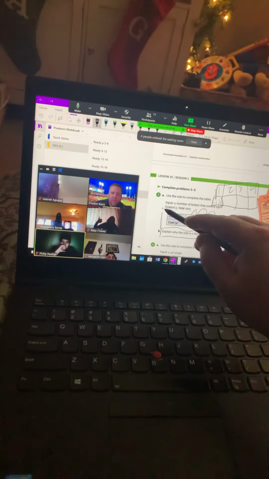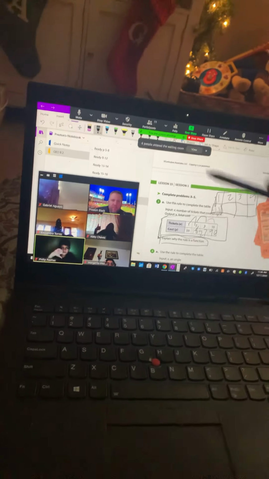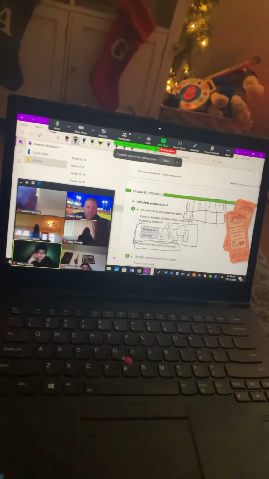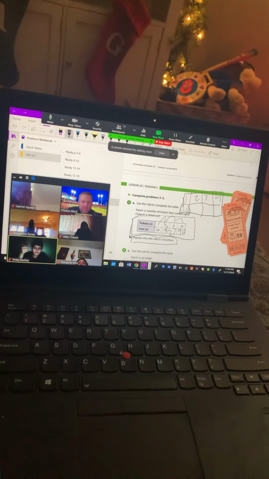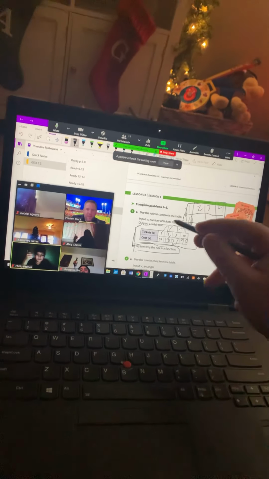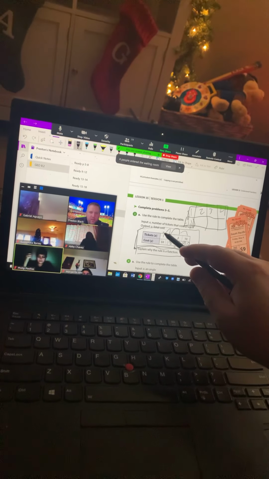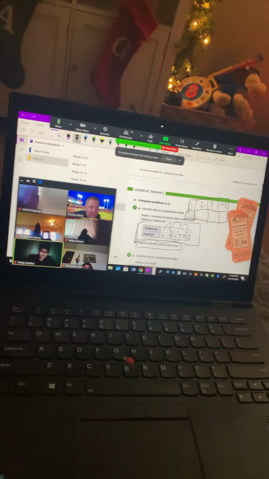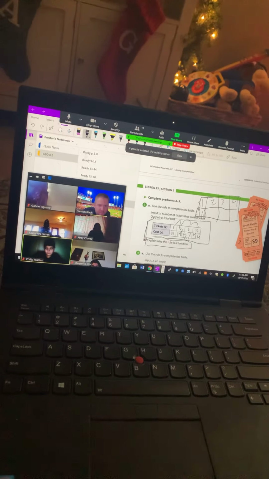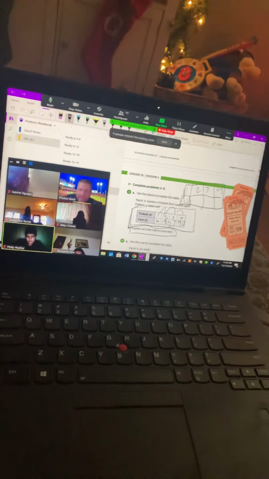Now, does this table here have one input and one output? It does. The input is 1. The output is $9. It wasn't 9 and -9, or 9 and 8.